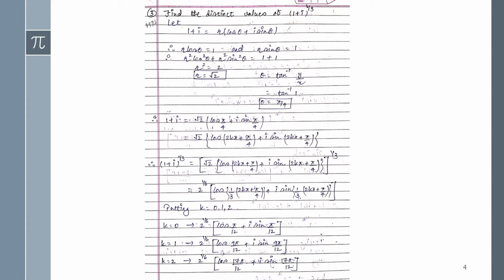Yes, this one. In these equations I'm just applying the values, right? So root 2 as it is, cos θ, that is π by 4, and just putting the values.